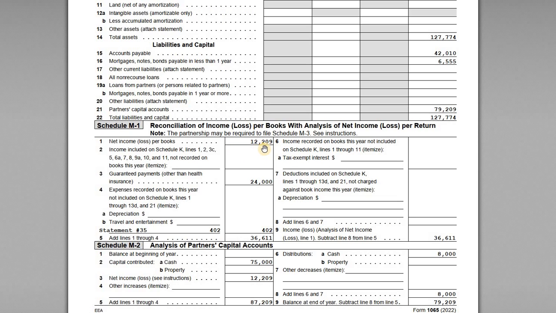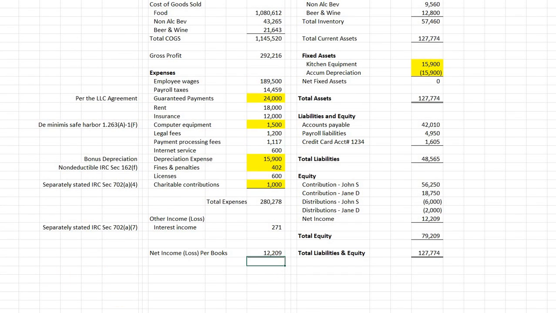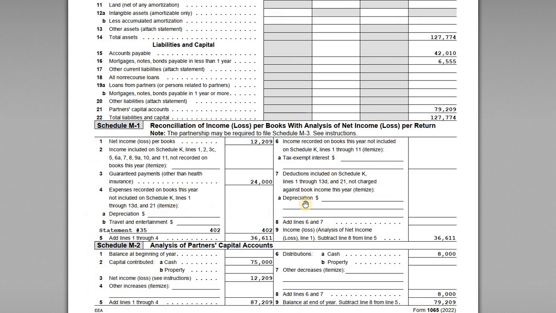So there's the 12,209 number, right? That reconciles with our net income or loss per books here, right? So 12,209. So we're reconciling that with any kind of book to tax adjustments that are required to get to our ending taxable income for the partnership. So some of the adjustments that we commonly see here are, first, the guarantee payments to the partners.